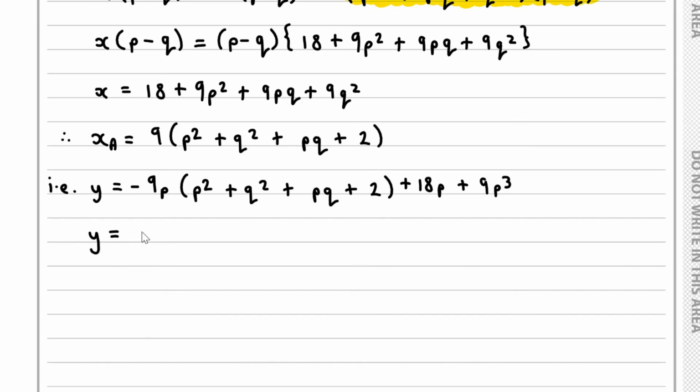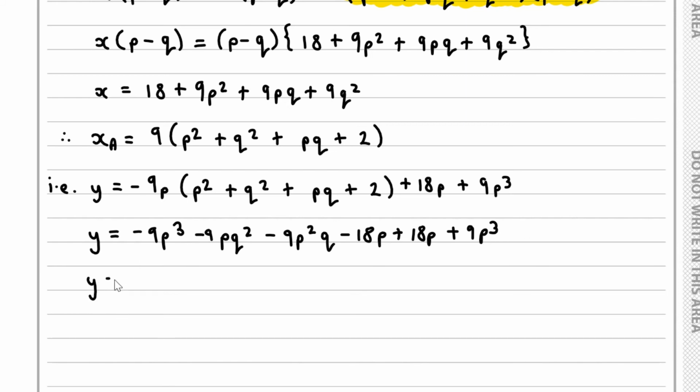So now what we can do is expand into the bracket. So we have y equals minus 9p cubed minus 9pq squared minus 9p squared q minus 18p plus 18p plus 9p cubed. And you can see which terms cancel, and therefore y will equal minus 9p squared q minus 9pq squared.